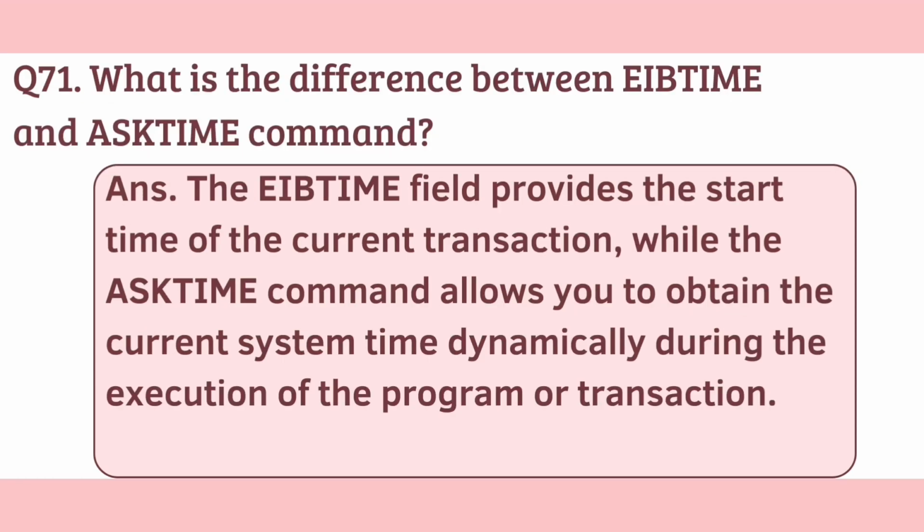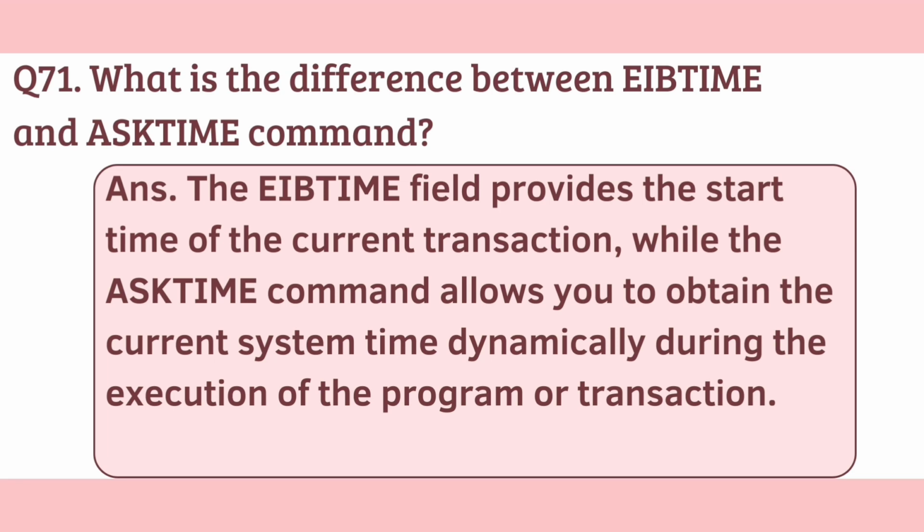What is the difference between getting the system time with EIBTIME and the ASKTIME command? The answer is the EIBTIME field provides the start time of the current transaction, while the ASKTIME command allows you to obtain the current system time dynamically during the execution of the program or transaction.